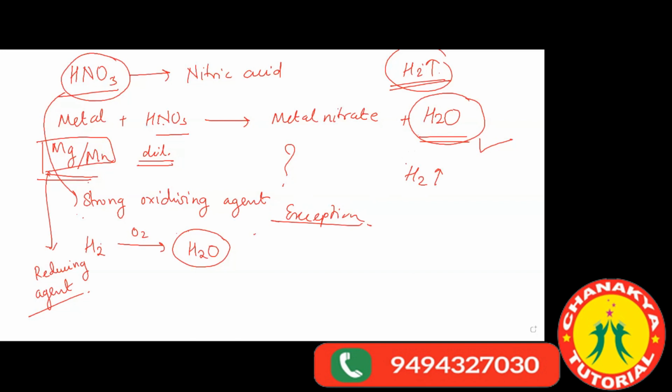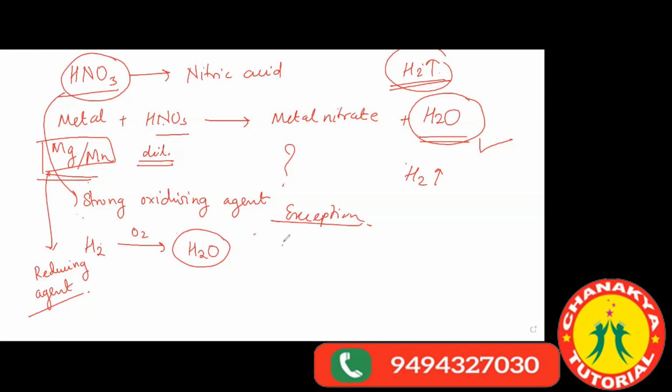Anything which you have not understood, please let me know. See, once again, what we have learned: whenever metal reacts with any acid, it releases hydrogen gas and forms a salt with the respective anion. If there is chloride, it forms metal chloride. If there is sulfate, it forms metal sulfate. If there is nitrate, it forms metal nitrate. But in case of nitric acid, instead of hydrogen, water molecule is released. Why?